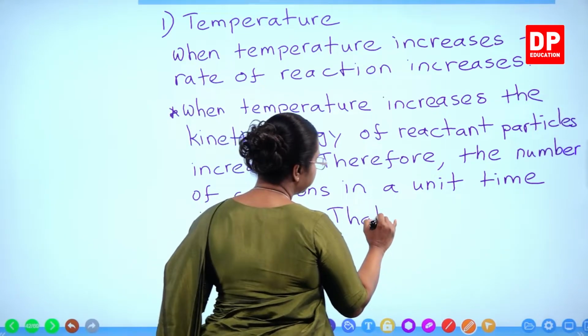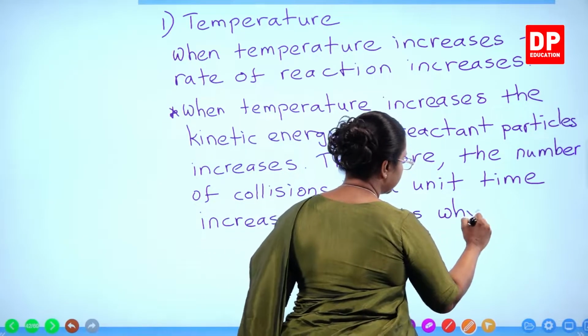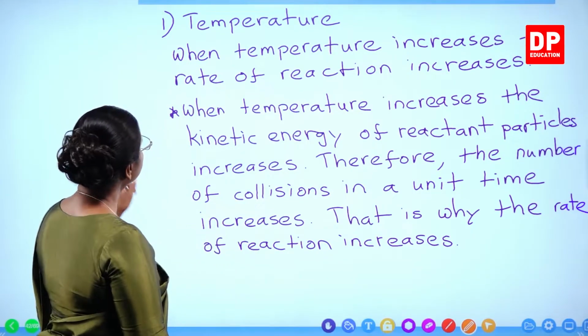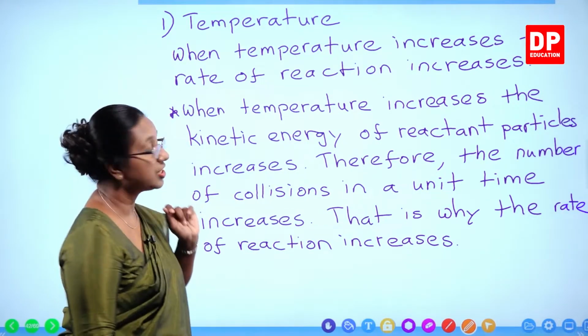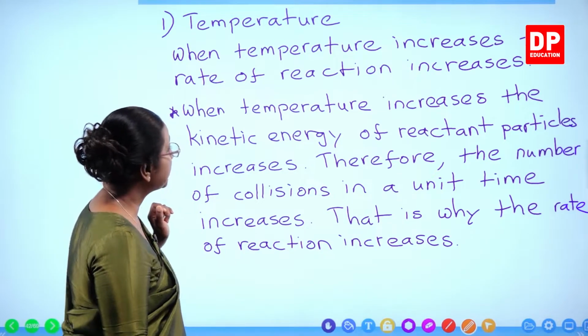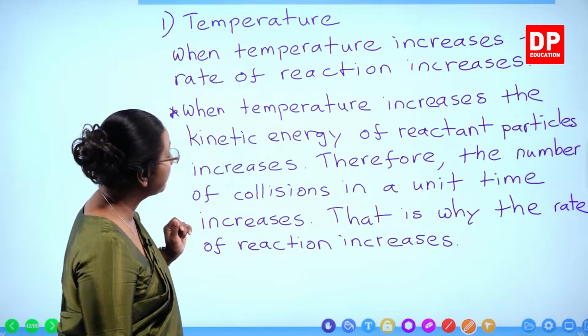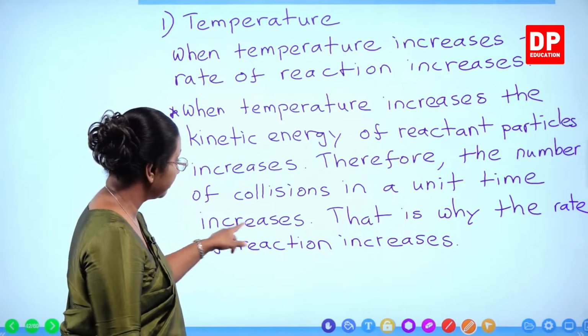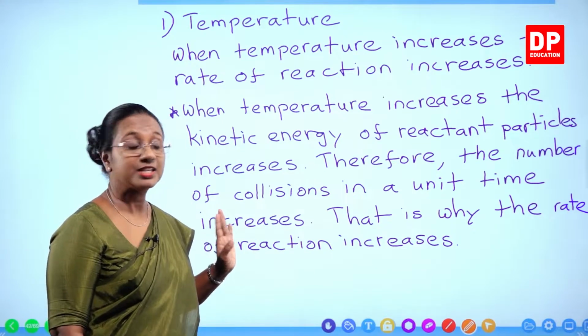That is why the rate of reaction increases. So, first factor is temperature. When temperature increases, the rate of reaction increases. And when temperature increases, the kinetic energy of reactant particles increases. Therefore, the number of collisions in a unit time increases, and that is why the rate of reaction increases.